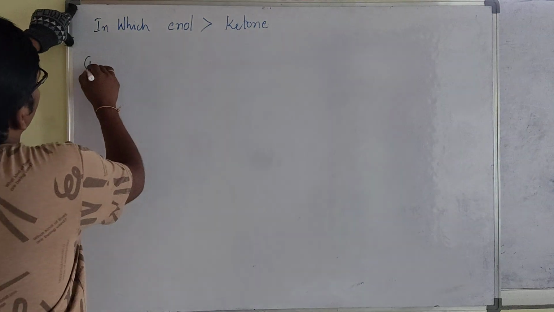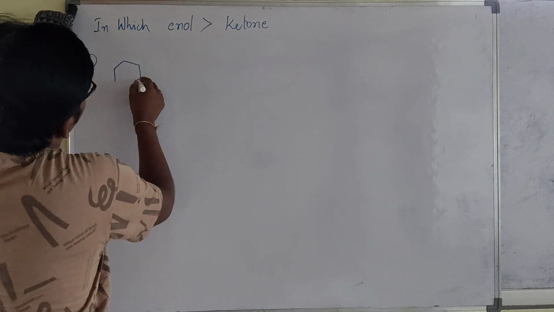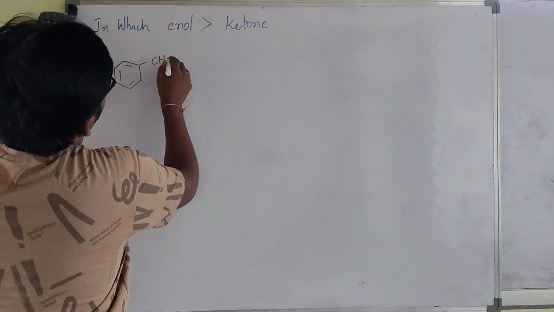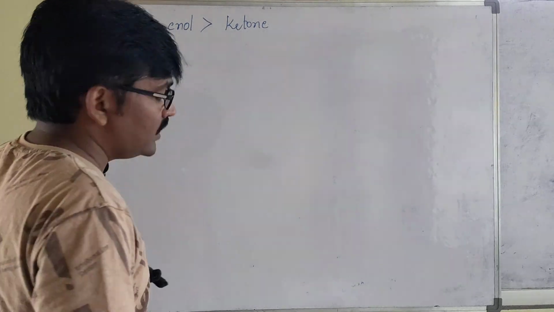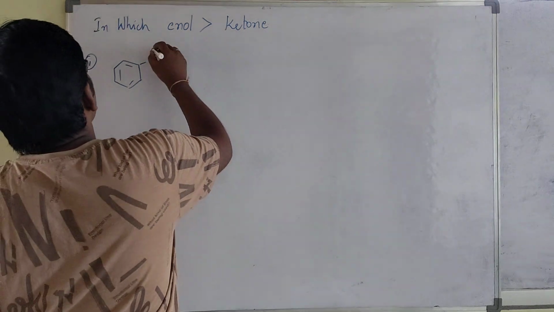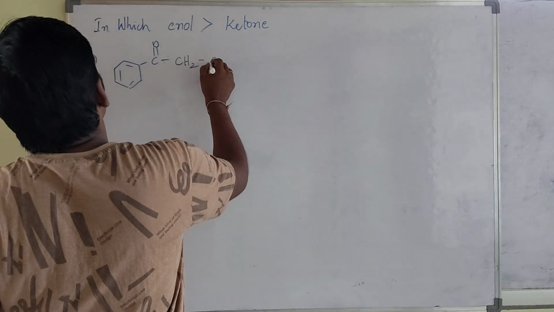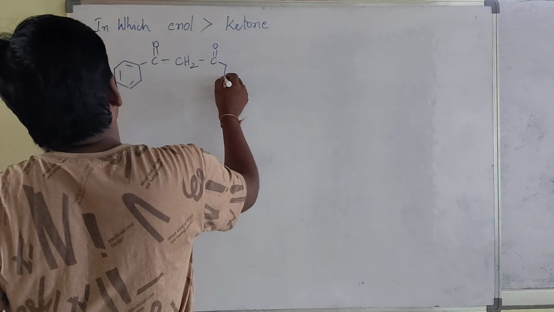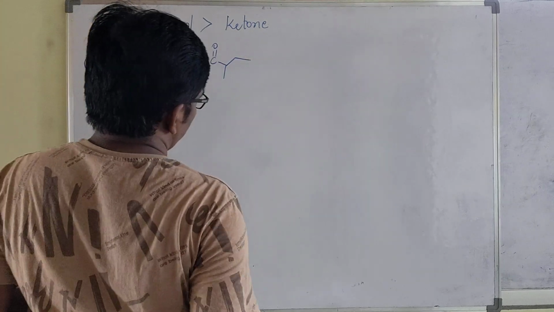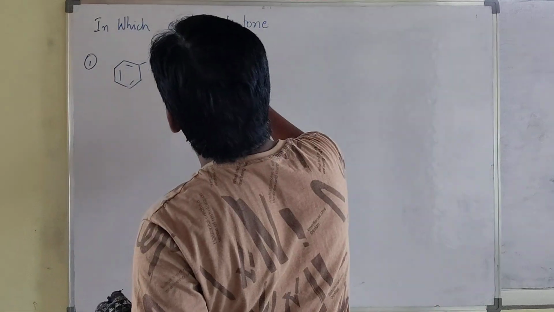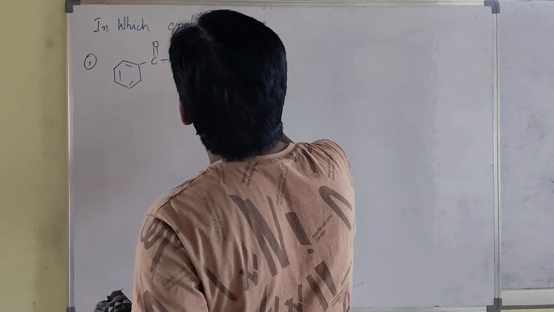Sir, for example, I am taking a compound: benzene attached with C double bond O, then CH2, then C double bond O, again benzene attached there. It will be like this.